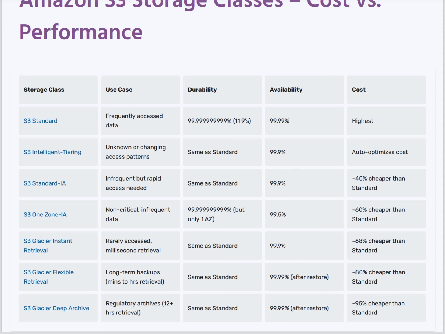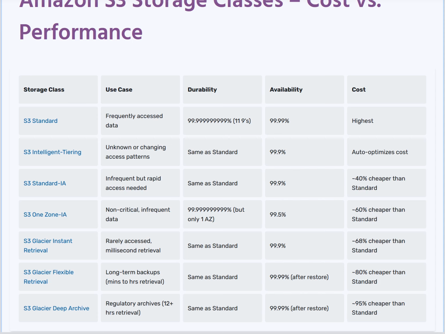Maybe video files or video footage: you don't access it frequently, but you need to access it immediately, like if you want to show footage to the police. Its durability is the same as Standard. So remember that Standard, Intelligent-Tiering, and Standard-IA have the same durability.